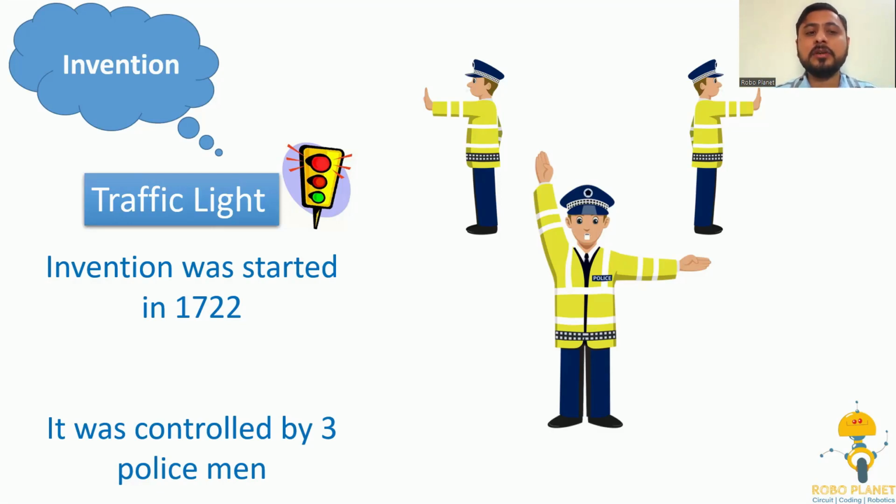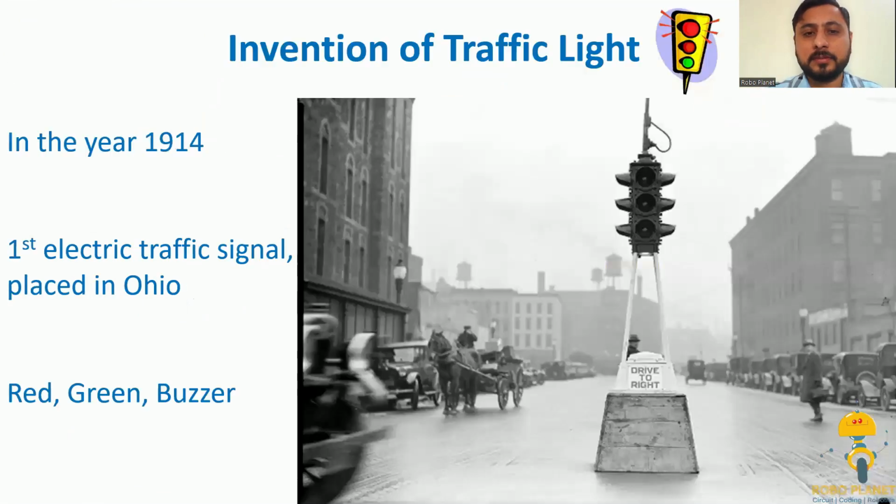And the invention was started in 1722. In 1722, when you were not there, I was not there, right? So the invention started in 1722 and it was controlled by 3 policemen.